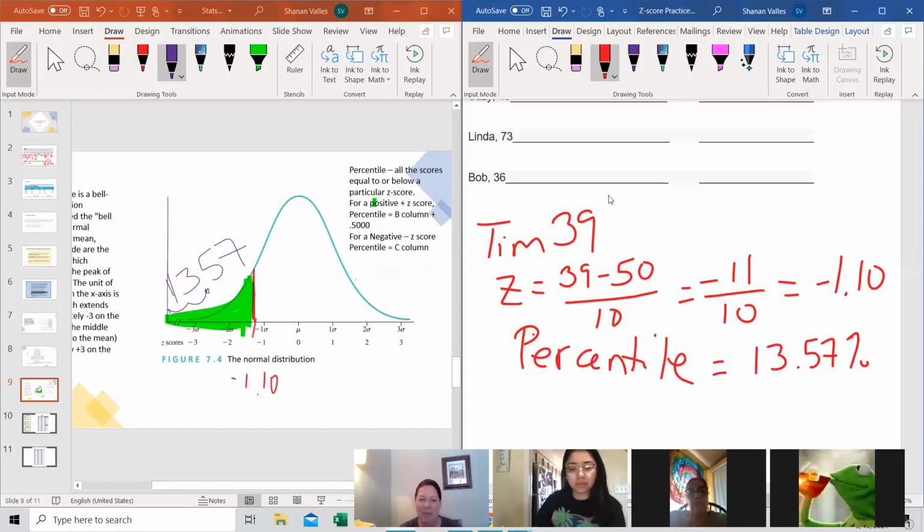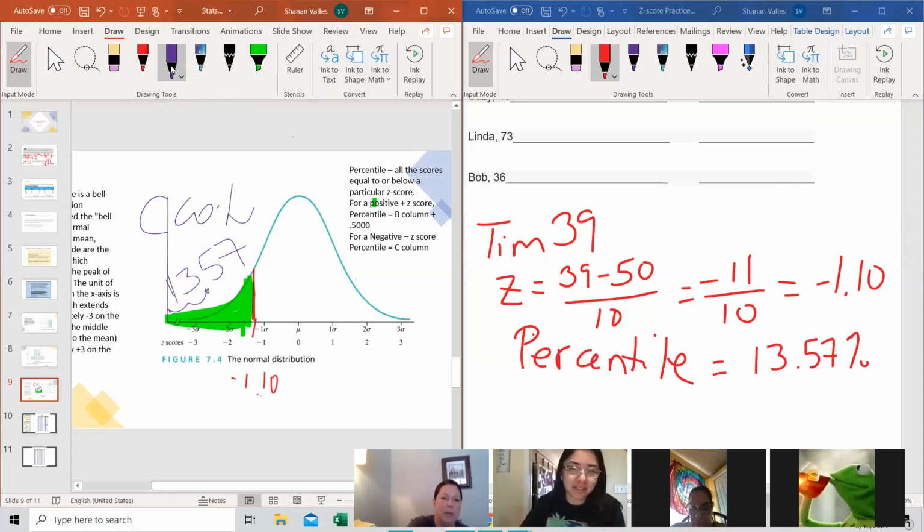Okay. Pretty easy, maybe? Wait, how did we get the 13? Oh yeah, we got it from the C column. Because if you look at this over here, it's a z-score and it's everybody below, right?